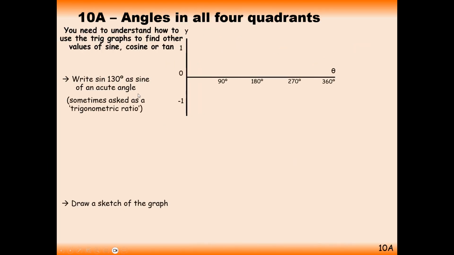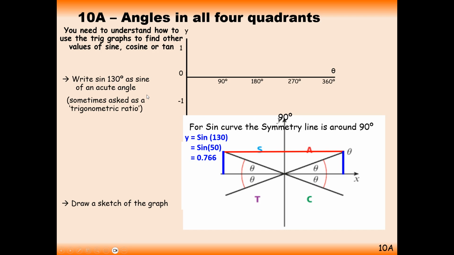We've been told to write sine of 130 as sine of an acute angle. That means we take its complement from 180: 180 minus 130 is 50.